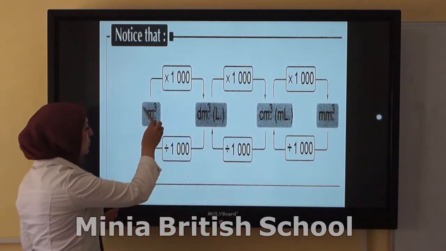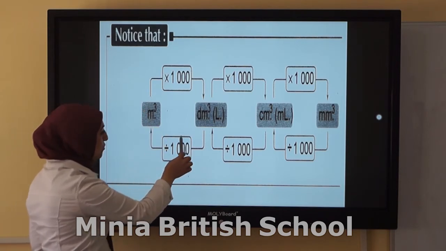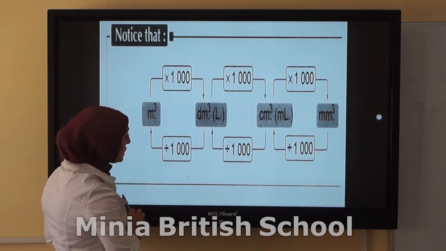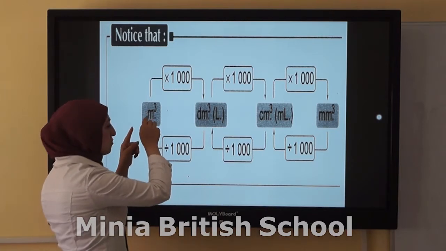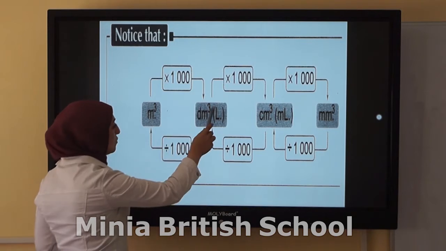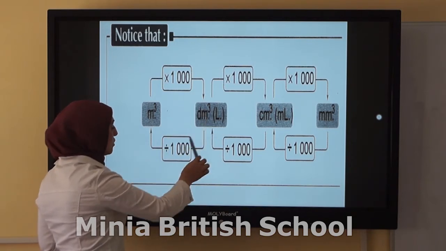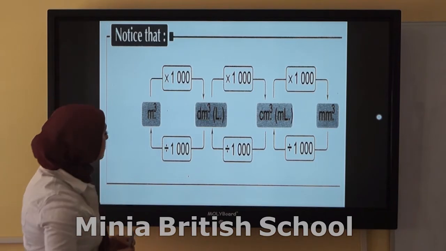If we want to convert from a bigger unit to a smaller one, we have to multiply. And if we want to convert from a smaller unit to a bigger one, we have to divide.